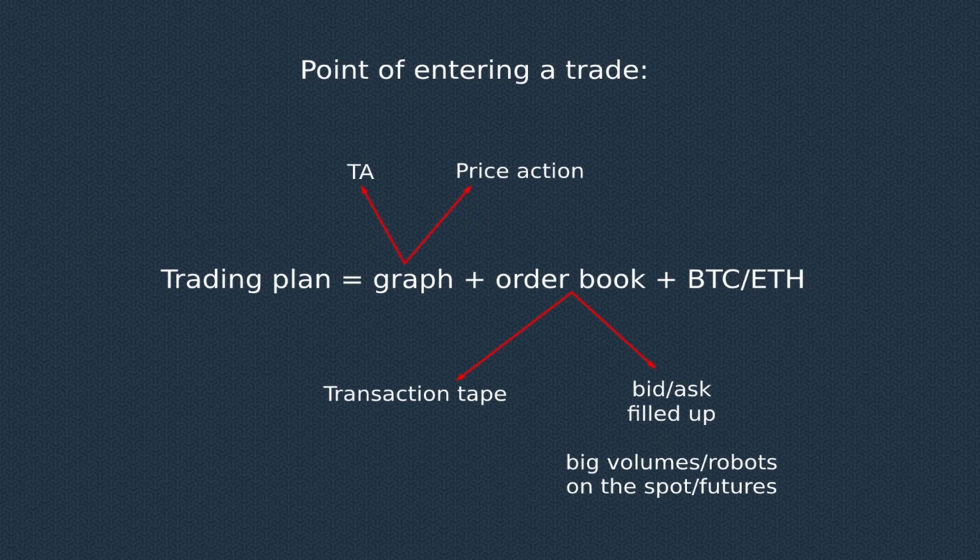It's one of the key factors to look at both the futures order book and the spot order book, because, for example, there can be a very big volume on the spot order book, and you'll see it and try to catch a bounce from this volume, however, on the futures order book there won't be any big volumes, so there won't be any reasons to open the position.